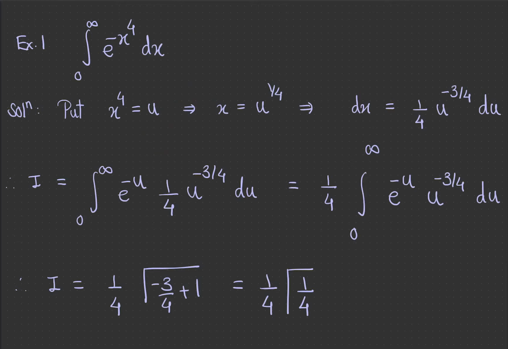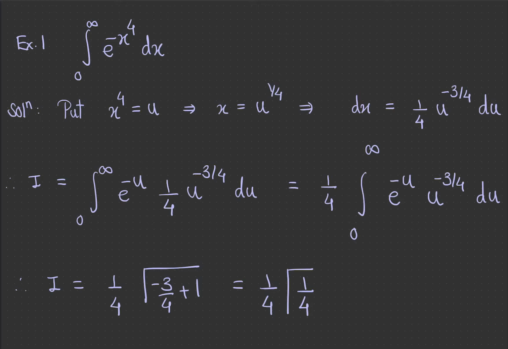So we will put x raised to 4 equal to u, that is x equal to u raised to 1 by 4. So this implies dx is equal to the derivative of u raised to 1 by 4, that is 1 by 4 u raised to 1 by 4 minus 1, that is minus 3 by 4, du. That is dx is equal to 1 by 4 u raised to minus 3 by 4 du.